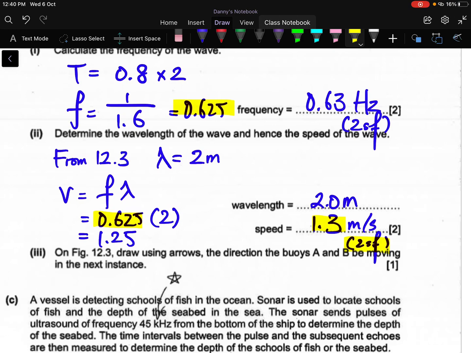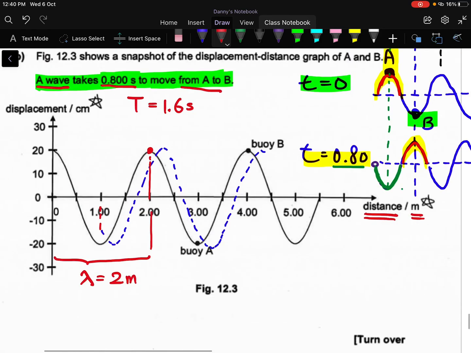In part 3, I'm supposed to draw, using an arrow, the direction the buoy is moving in the next instant. So what is the next instant? Next instant means if this picture is taken at time equals 0, can you predict when time equals 0.1? So I have tried to move the wave slightly. This blue dotted one represents time t equals 0 plus a little.